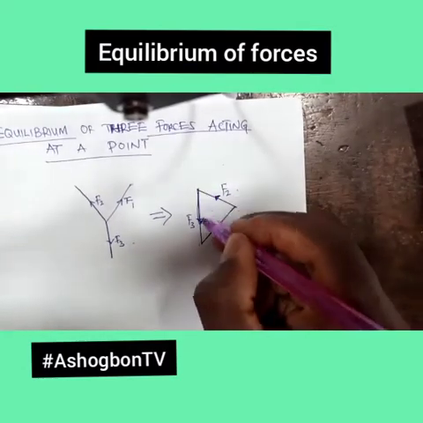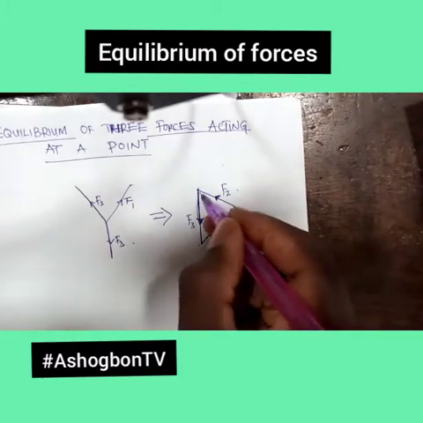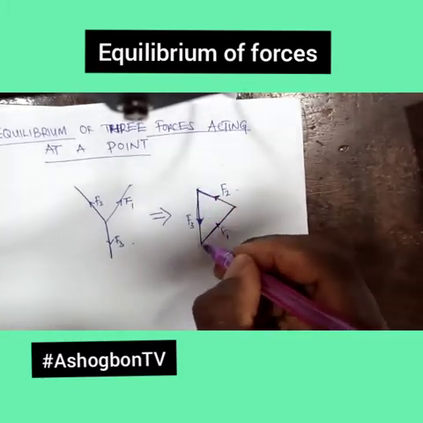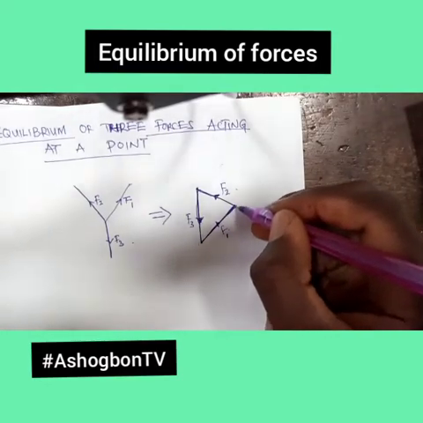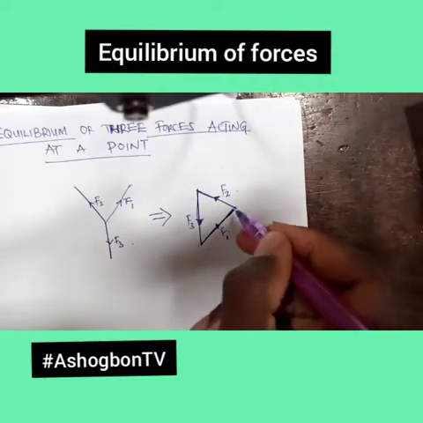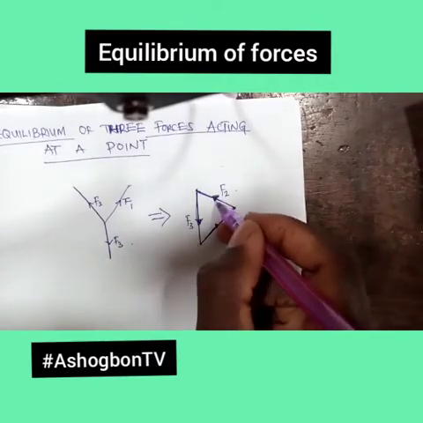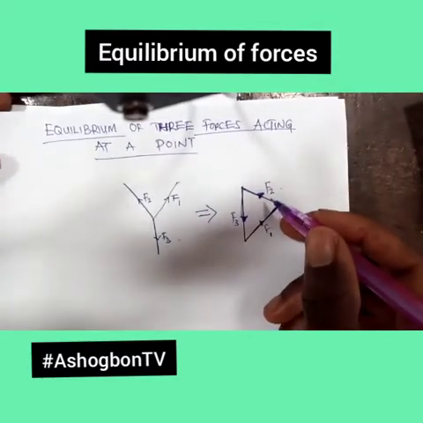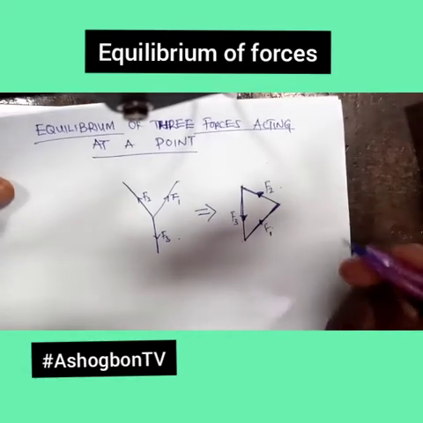You will see that these 3 sides of this triangle are actually taken in order. That means, see F1 going down, it conforms with the direction of what? F1. And from here, this one also conforms with the direction of what? F2. This is what examiners will look out for. And trust me, if you do not do the right thing, you will start losing marks from the diagram.